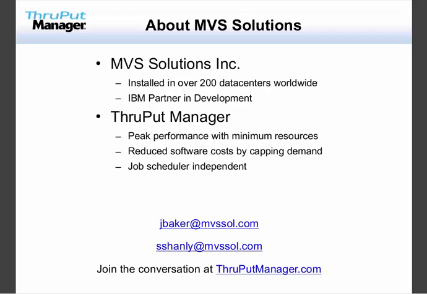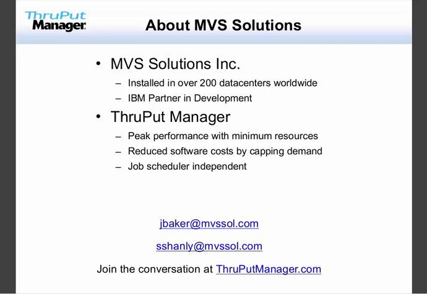An LPAR set consists of as many of the z/OS LPARs on the same CPC. And this is similar to LPAR groups. IBM LPAR groups are the same way. The members of an LPAR group also do not have to be even in the same sysplex. ThruPut Manager ACM is aware of the CPU utilization and the 4-hour rolling average of each of the LPARs on the CPC.